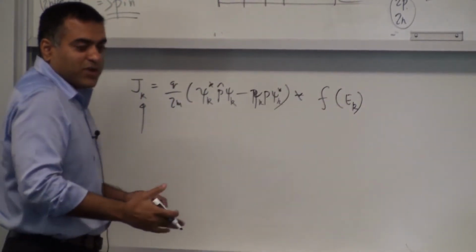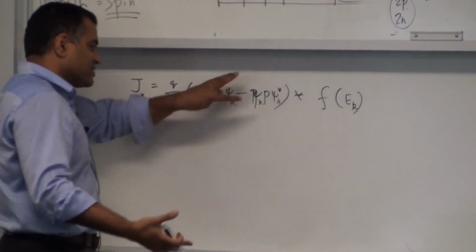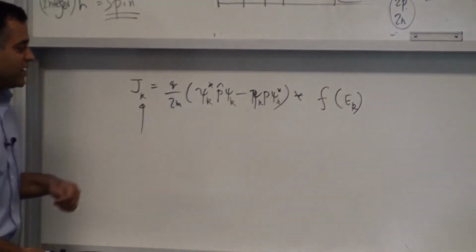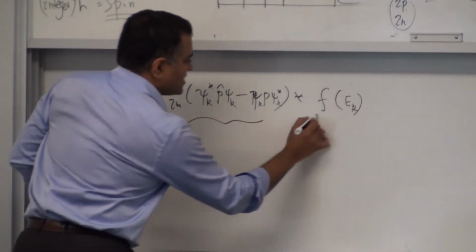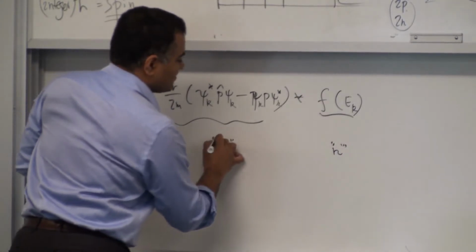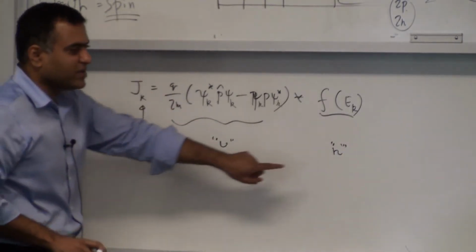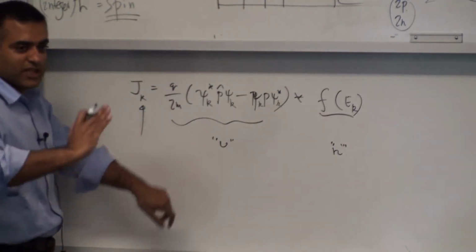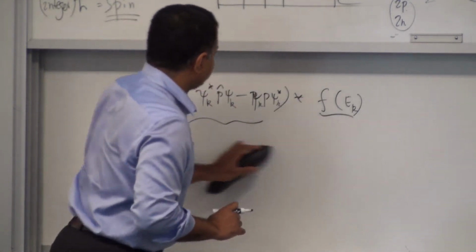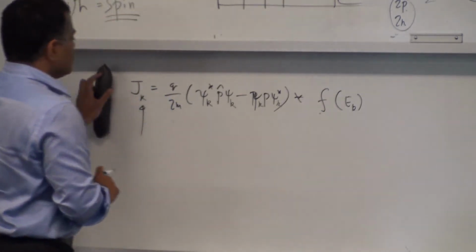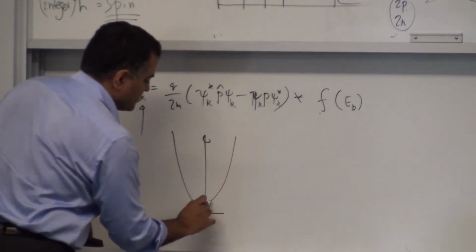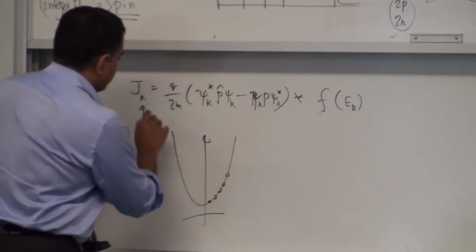It can carry this much current, but whether it's carrying it or not is dependent on how much of it is occupied. In other words, you can think of this effectively as your electron density, and this is your velocity, number of particles times how fast they're moving, or flux.